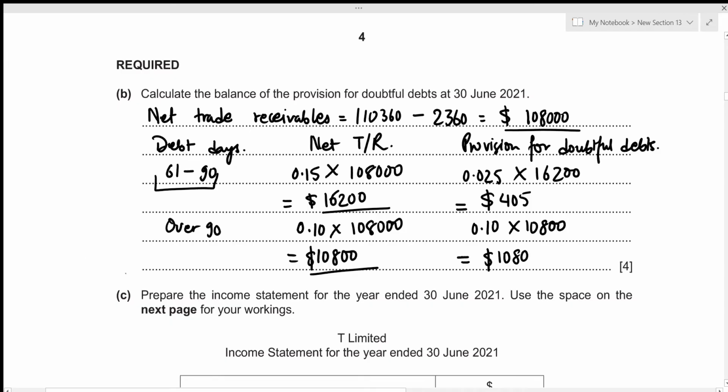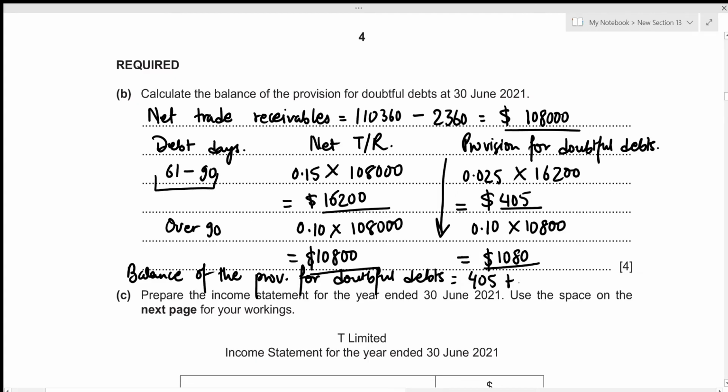Okay, so for the final balance of the provision for doubtful debts, we just have to add this total, right? So that's 405 plus 1,080, which gives the required balance to be 1,485. Alright, this concludes the second part. Let's move to the third one.